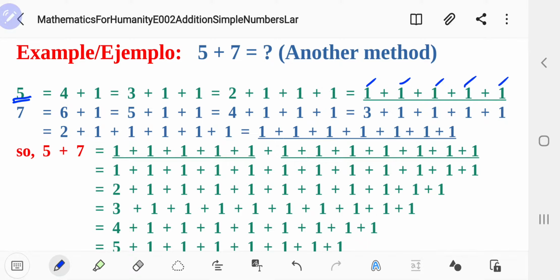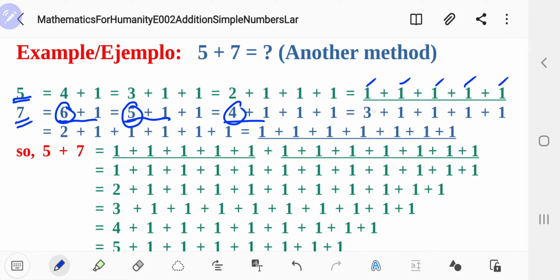Now, how about for 7? Again, you apply the rule. For 7, this is equal to 6 plus 1. And 6 you can write as 5 plus 1. And 5 you can write as 4 plus 1.